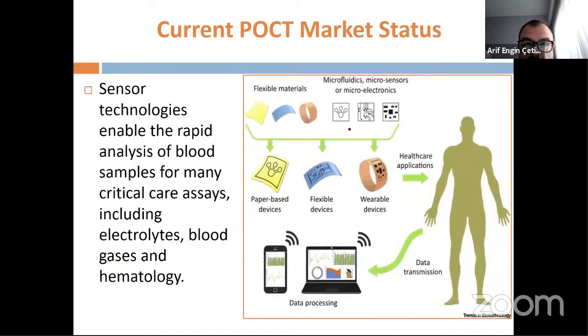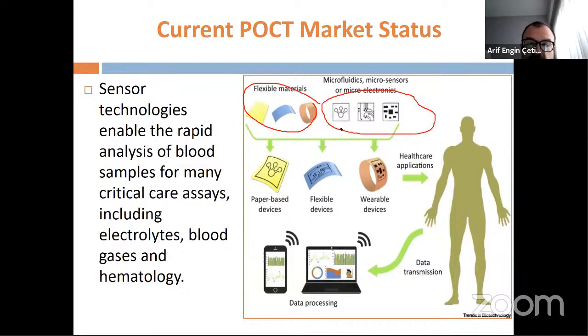So there are different types of sensor technologies that enable the rapid analysis of blood samples for many clinical care tests, for example, electrolytes, blood gas, or hematology. So here you have flexible materials as a substrate for your sensor, or you can call it a chip, and you integrate this technology or this material with a microfluidic chamber.